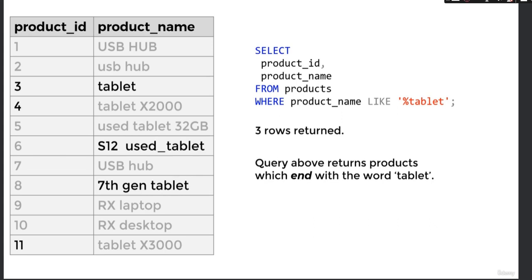The character string we are searching for, tablet, is also called a literal in SQL, and a literal is some constant number or character string which is not represented by an identifier. So we have been using the percentage sign as a wildcard for any number of characters.